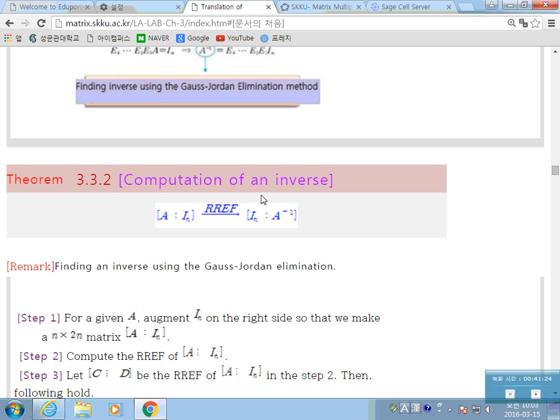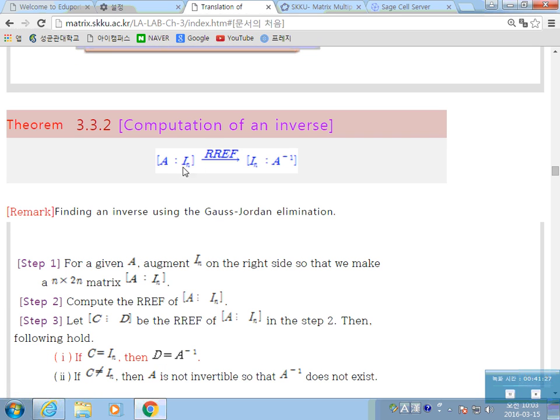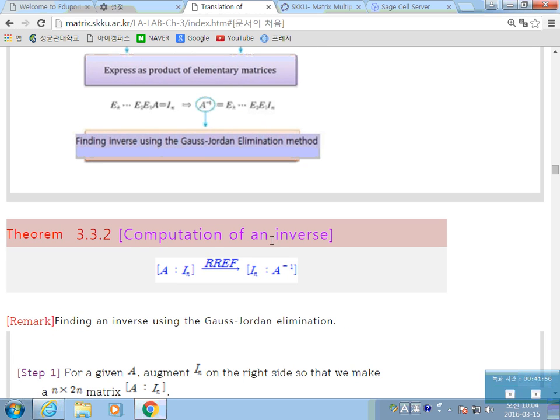When you want to find the inverse, form an n by 2n matrix: matrix A with the identity matrix added on the right. Then do the Gaussian elimination. At the end you will have the identity matrix on the left. Then you just multiply the corresponding elementary matrices, and that is exactly this, which is A inverse.